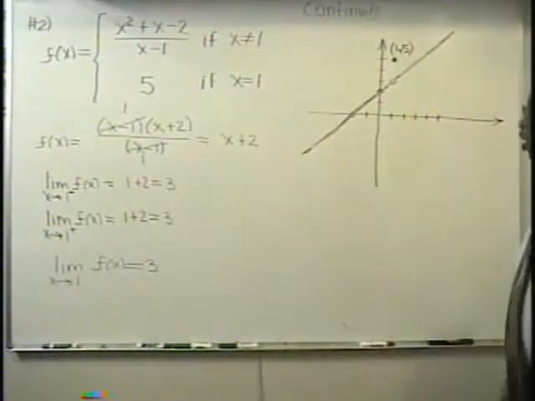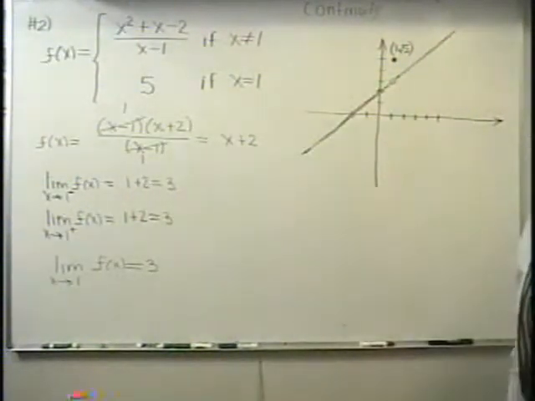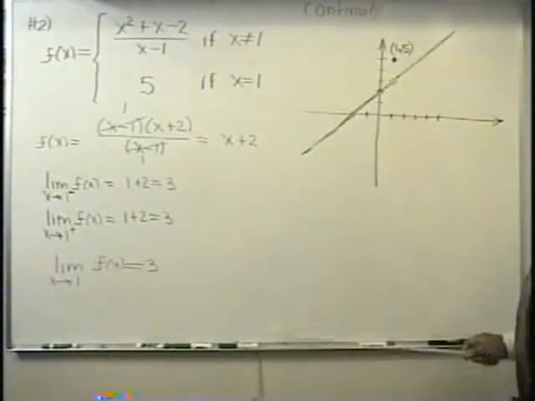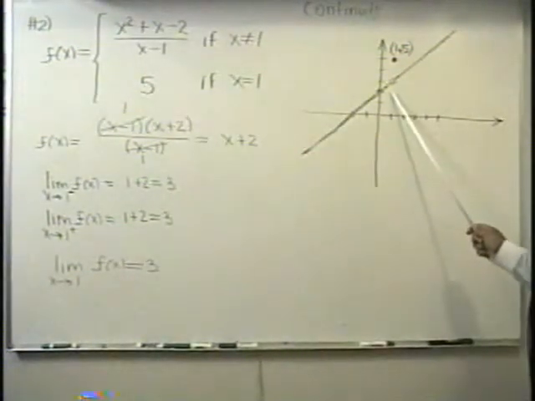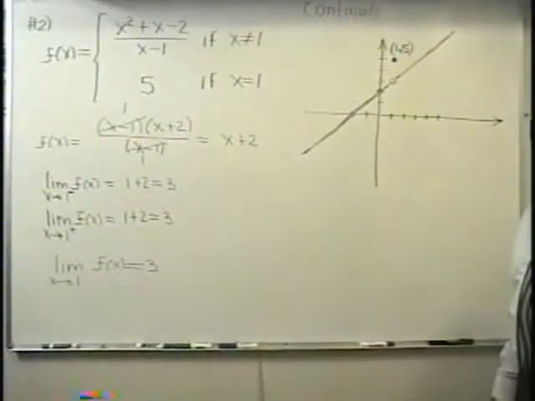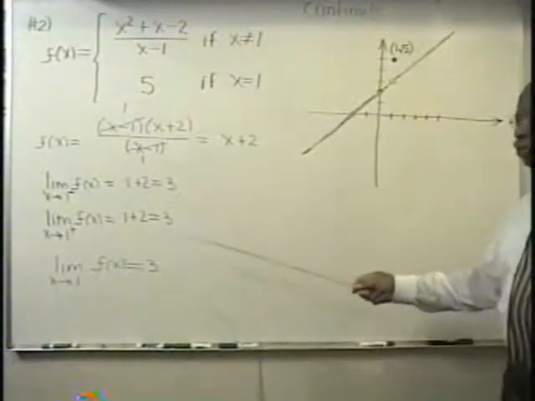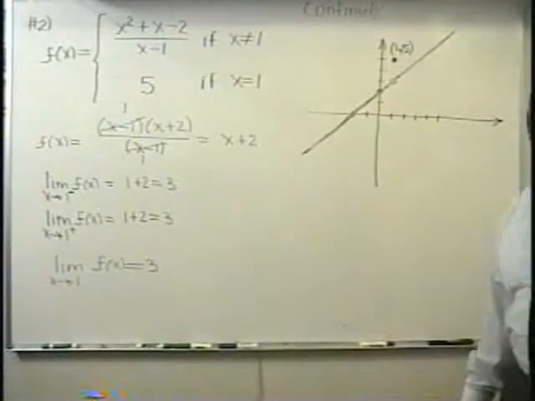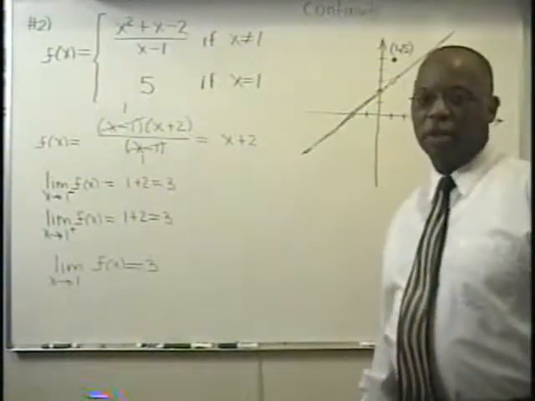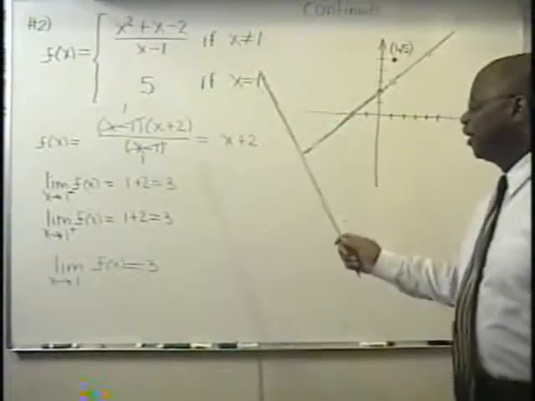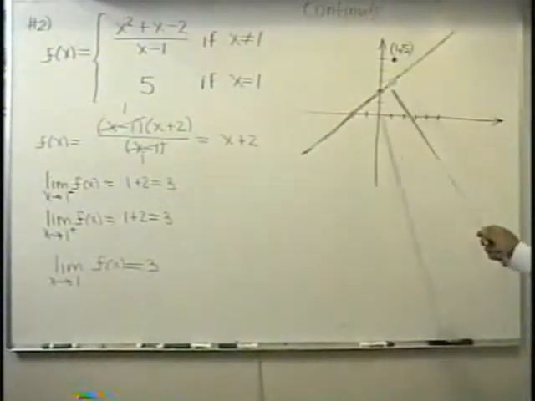It's removable discontinuity, there's a hole in the line. So therefore by this we can also see that this function is not continuous at the value where x is equal to 1. So in this case, we've shown mathematically by the third criteria of the definition that f of x is not continuous at x equals 1.